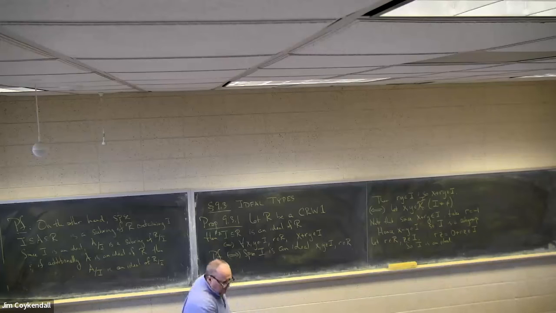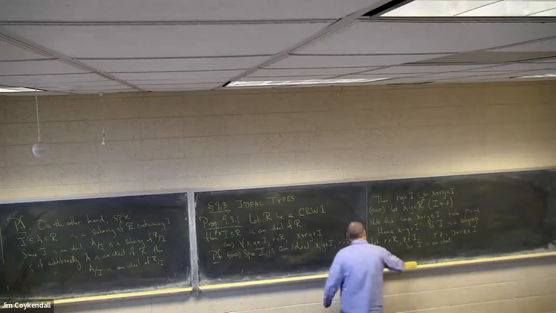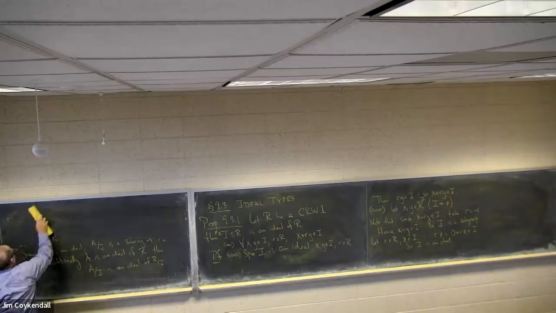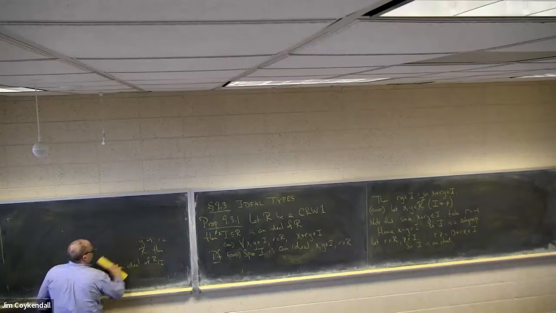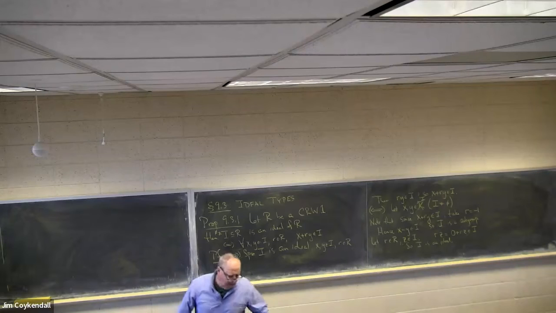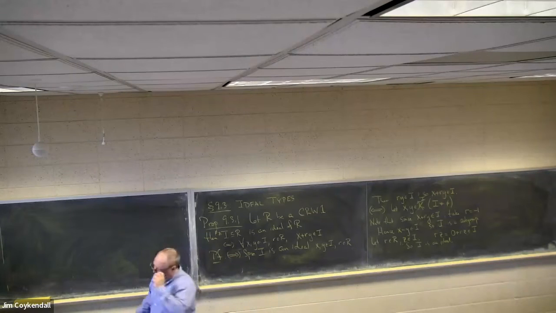Okay, so here's a proposition I'm going to give you, which also doubles as a definition, because I'm going to use the proposition to define some important types of ideals we might want to look at. Proposition.